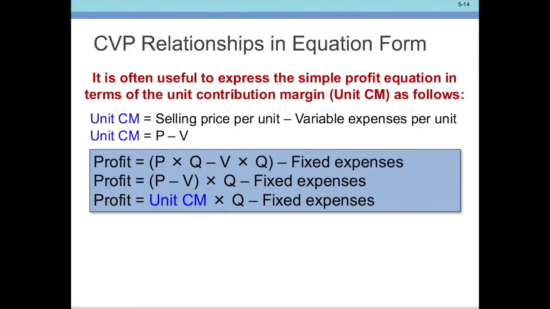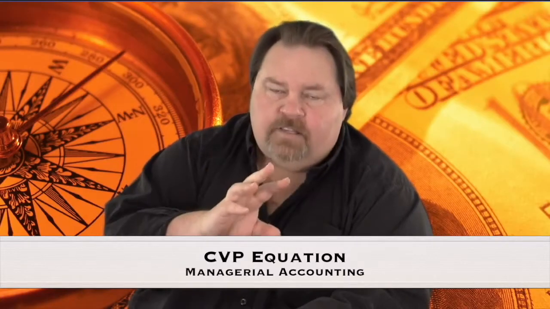It's simply P minus V times Q, or the unit contribution margin. The price of 1 unit minus the variable cost of 1 unit is the unit contribution margin, and we multiply that by those units to get the total contribution margin. And of course, now we subtract out our fixed expenses, we get total profit.